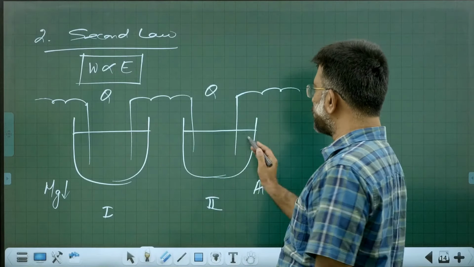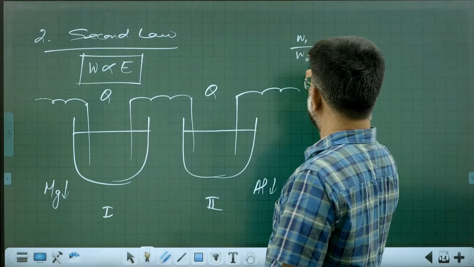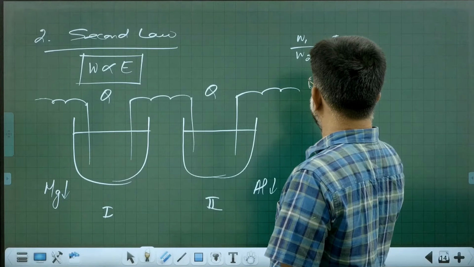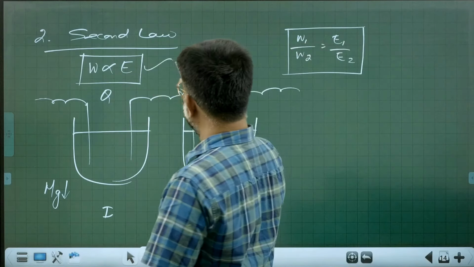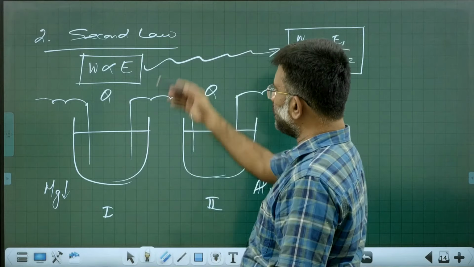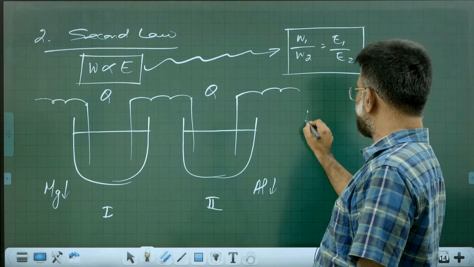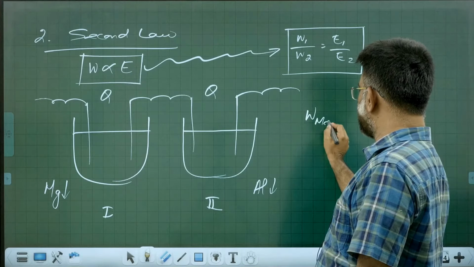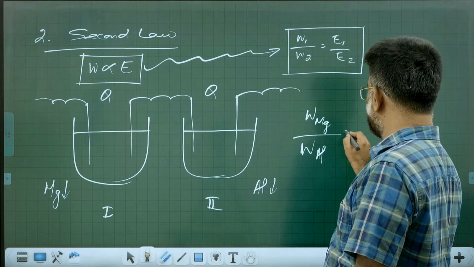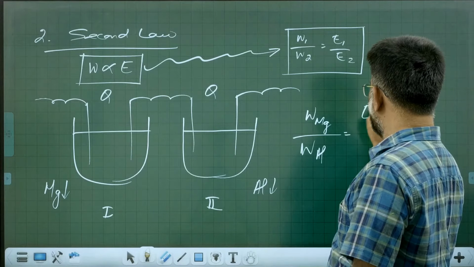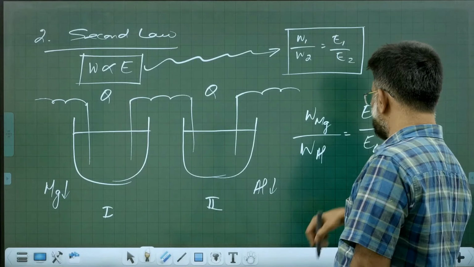So in the two conditions you can write W1 by W2 is equal to E1 by E2, as W is proportional to E. For example, mass of magnesium deposited by mass of aluminum deposited will be equal to equivalent mass of magnesium divided by equivalent mass of aluminum.